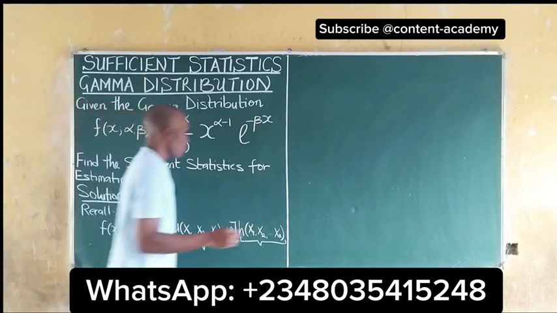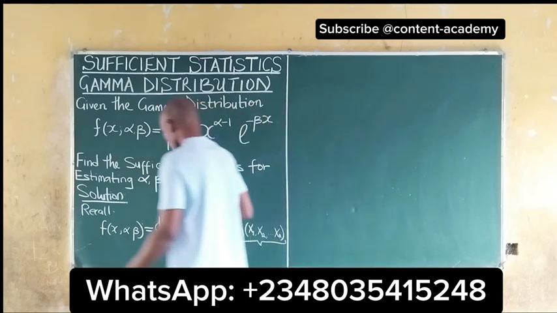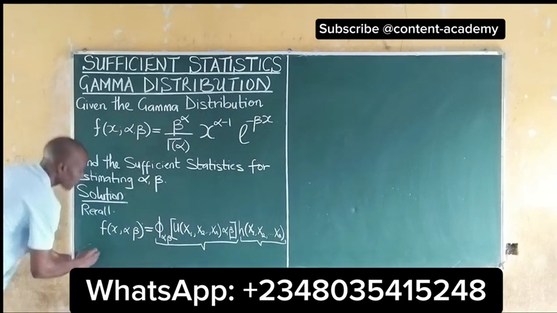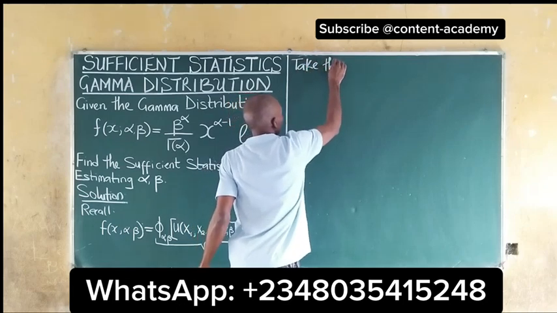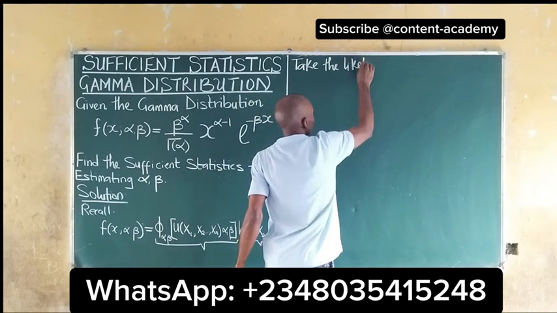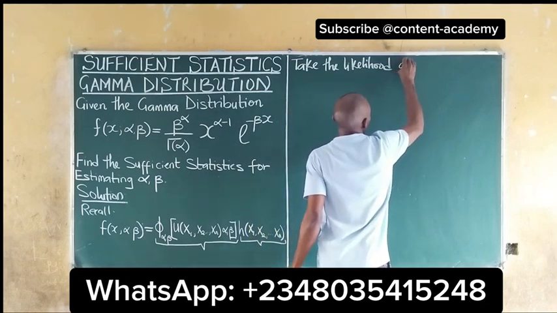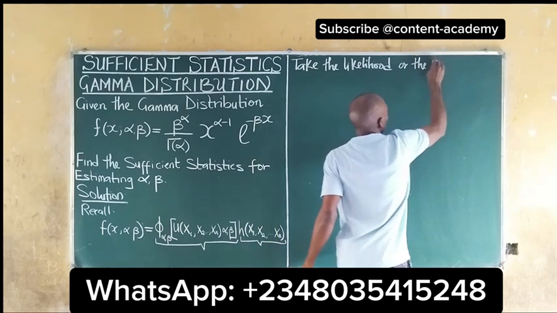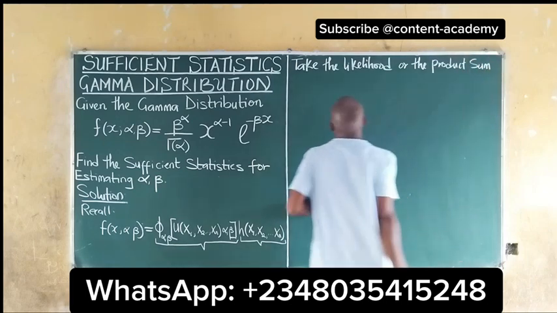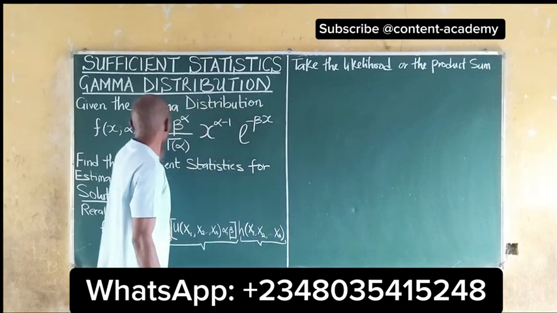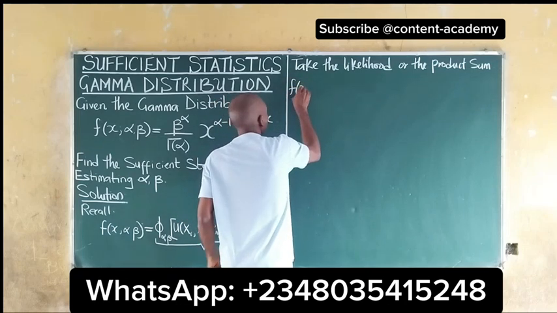Now, to compute this, we first take the likelihood function, or the product, of the function given. This is the function.